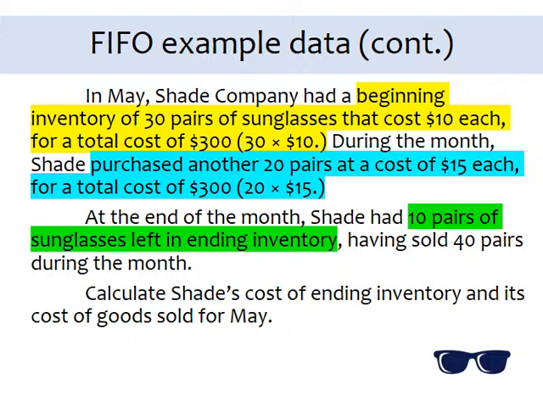At the end of the month, the company had 10 pairs left in ending inventory. We don't know the cost of those sunglasses, so we're going to have to apply FIFO principles to get that cost. And finally, the company sold 40 pairs during the month. Again, we do not know the cost of those sunglasses sold, and that's why we are applying the FIFO method.